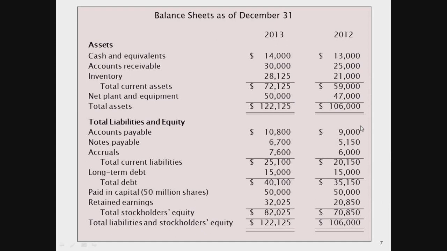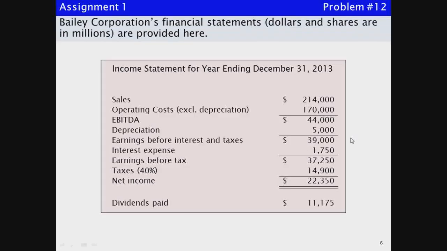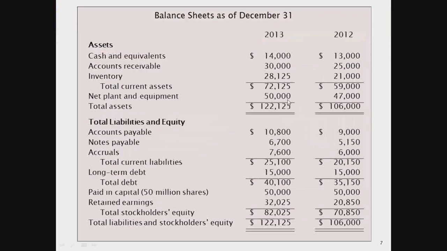It's an easy way to remember it. Suppose the firm had spent nothing during the year. Let's suppose, it's not the case, but just bear with me a minute. Suppose the firm spent nothing. What would net plant and equipment have been in 2013? It would have been $42,000 because of the $5,000 of depreciation on the income statement, right? So if they had spent nothing, that would have gone 47 to 42. Well, since it went to 50, that difference between 50 and 42 represents the $8,000 that was spent.